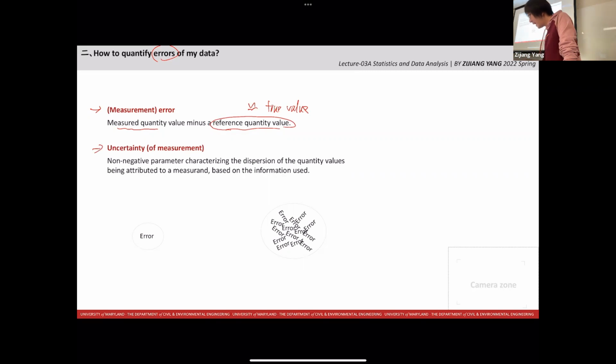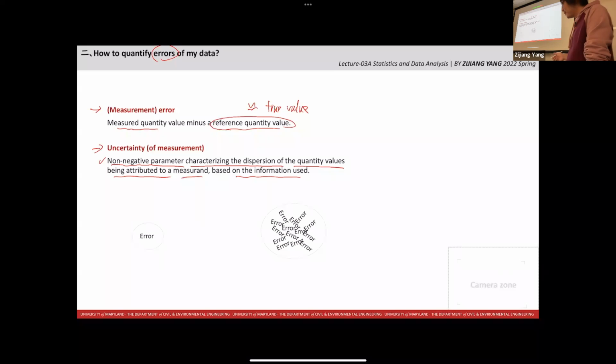And for the uncertainty, the full name is uncertainty of measurement. It refers to the non-negative parameter that can characterize the dispersion of the quantity values being attributed to a measurement, based on the information used. I think this is a little bit abstract, but the error refers to a quantity, and uncertainty refers to a group of errors, or the bulk of the error.